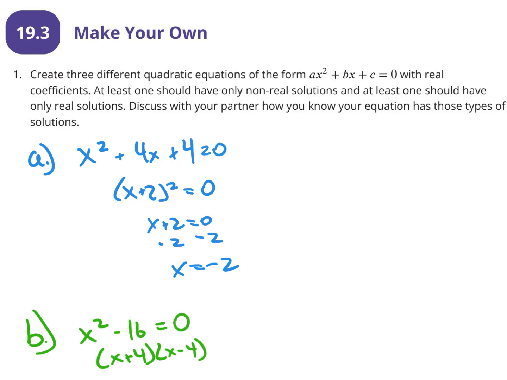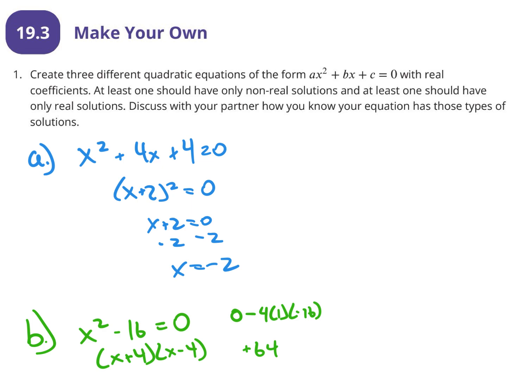I know I have two real roots. And if I do b squared minus 4ac, I get 0 minus 4 times 1 times negative 16. 4 16s are 64. So that's positive. So that lets me know that I have two real solutions because we have positive.